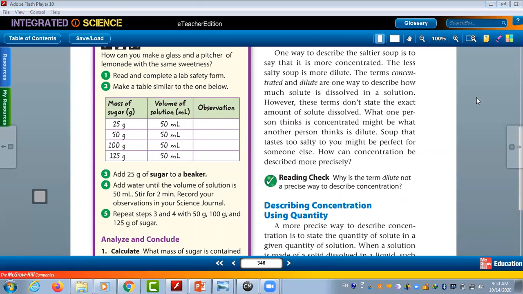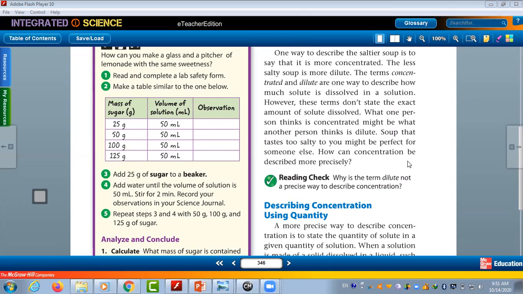Because concentrated has more solute than dilute. Yes. So we didn't know what the difference is. We know that more concentrated has more solute, and less concentrated or diluted has less solute.